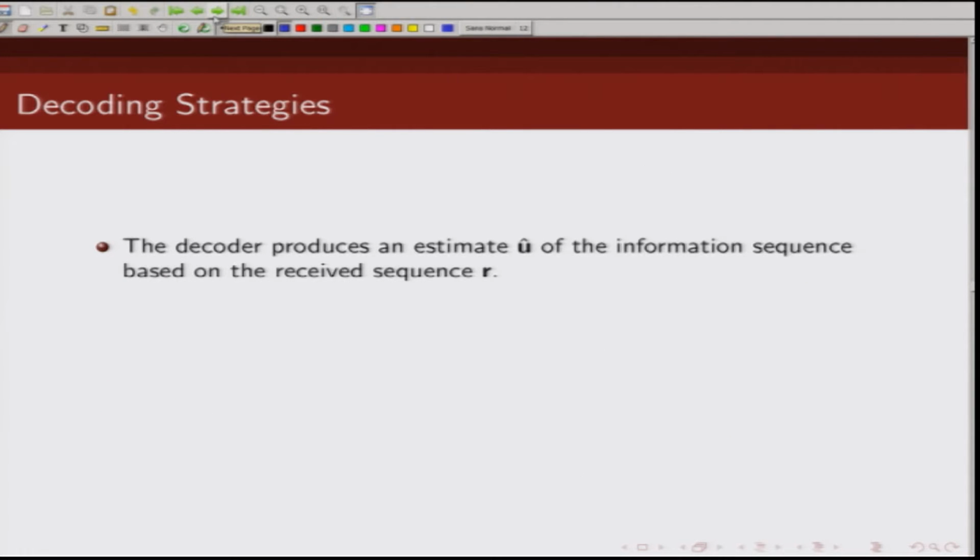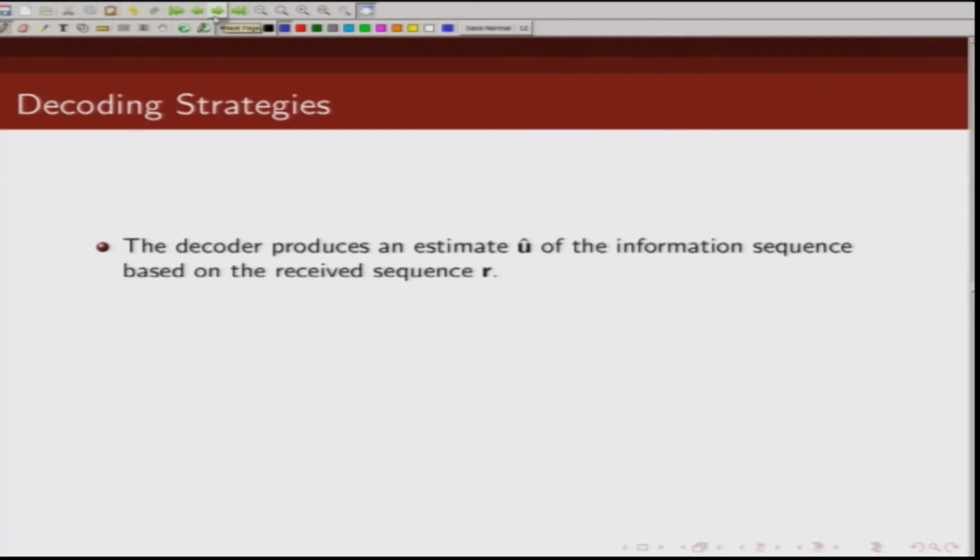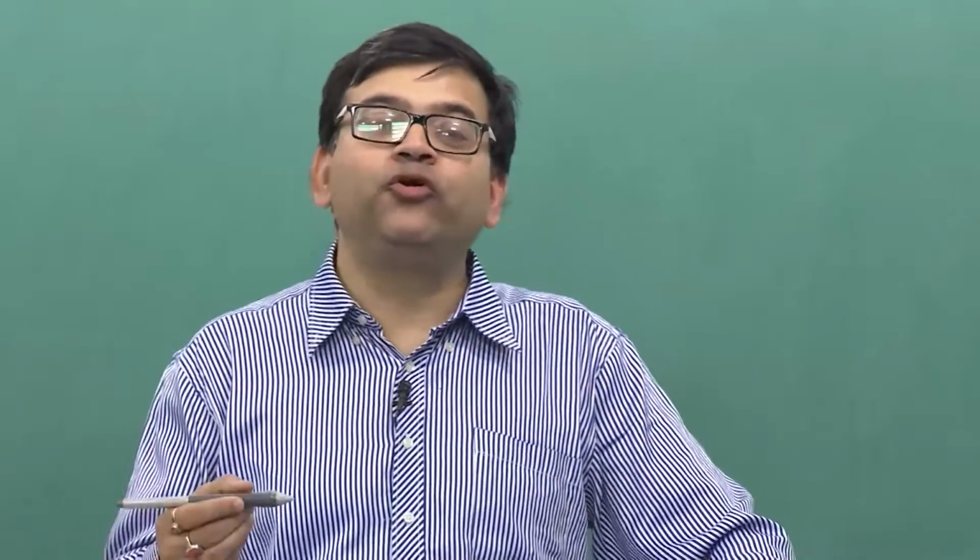Now, let us move to the topic of what sort of decoding strategy we should employ when we want to decode a code. As I said, the decoder's objective is that it takes as input the demodulated signal R and it has to produce an estimate of the information sequence u hat.